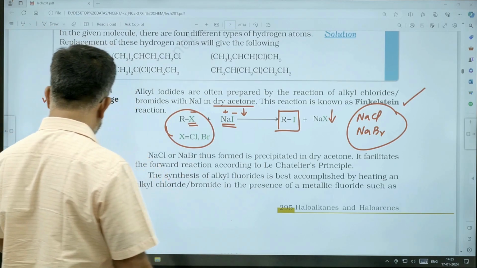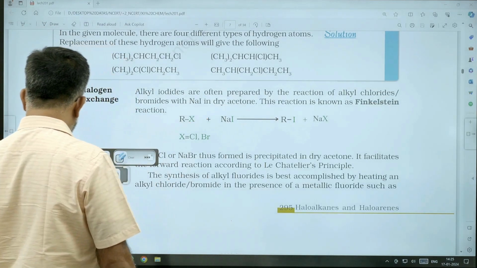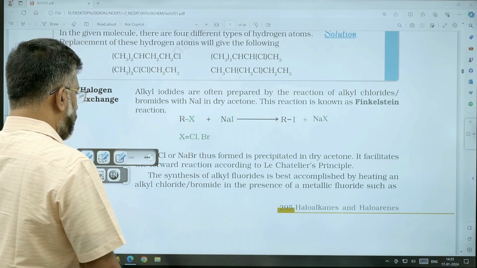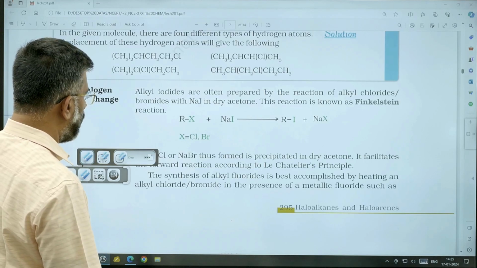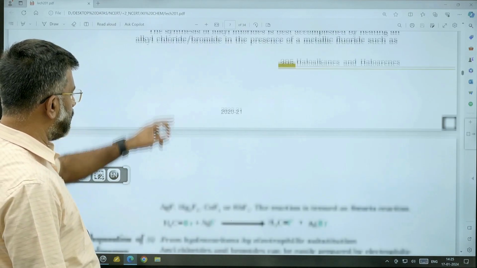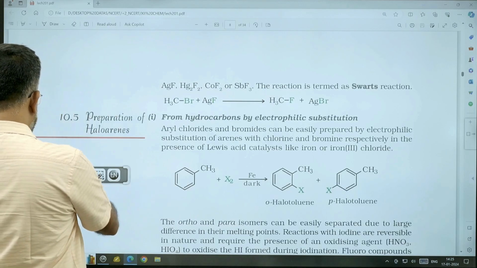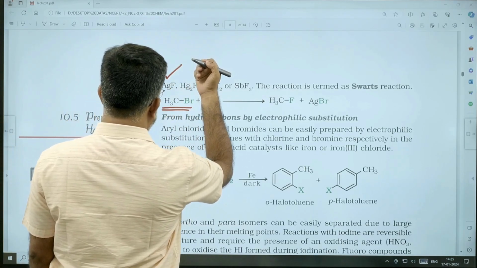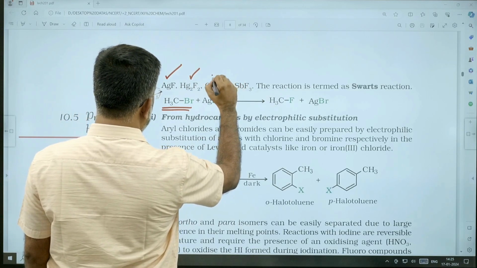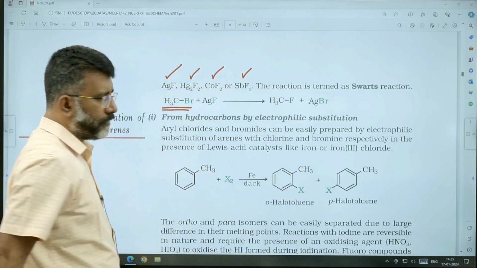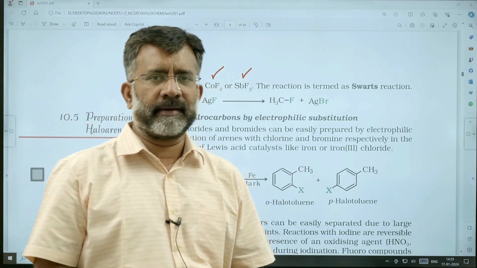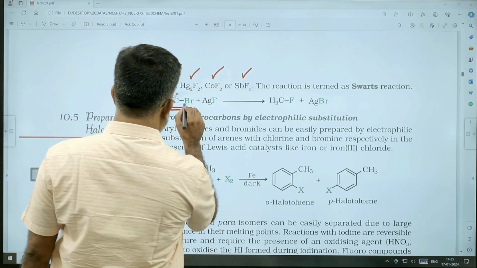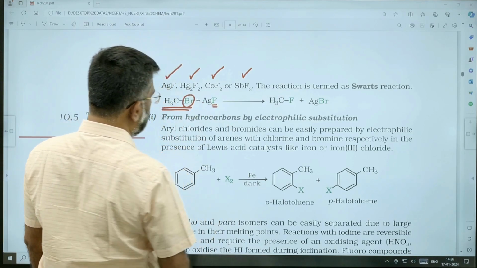A similar reaction can be found with the replacement of chlorine or bromine with fluorine. What we do is treat alkyl chloride or bromide with metal fluorides: silver fluoride, mercurous fluoride, cobalt fluoride, antimony fluoride. A metal fluoride is heated with the alkyl chloride or bromide, and the existing halogen is replaced by fluorine.